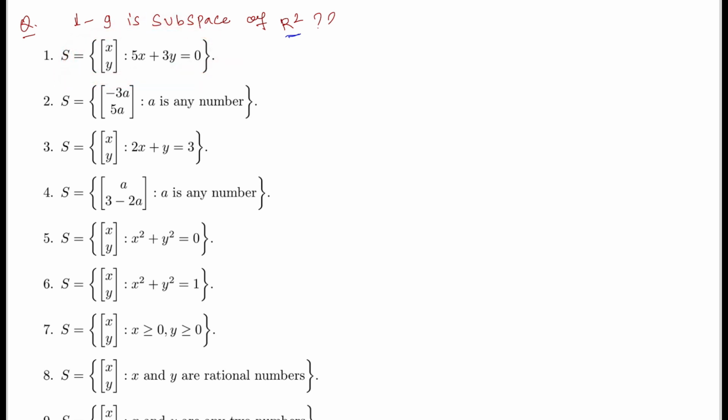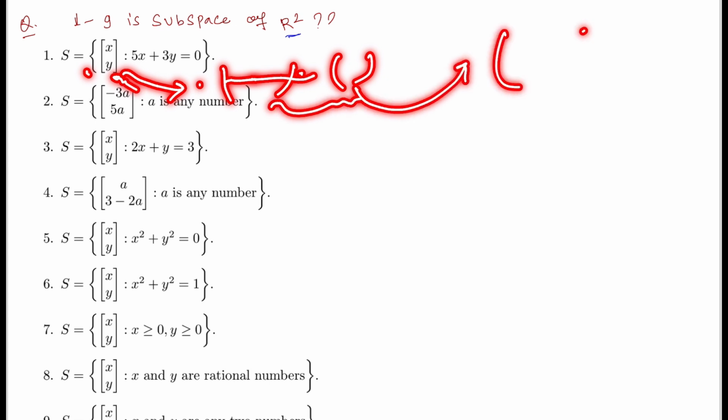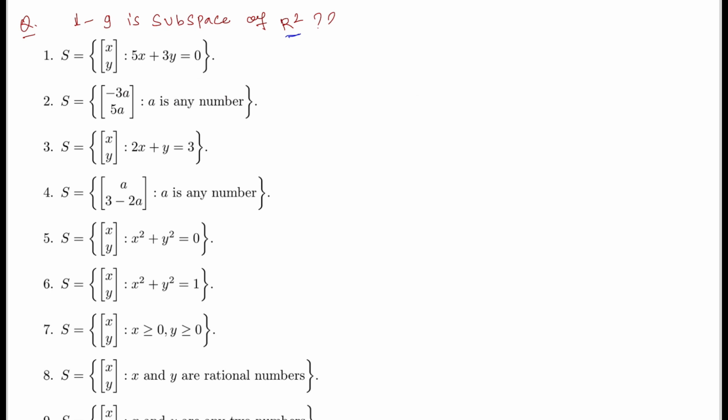This is nothing but a set with a condition, and we need to check that if I pick any two vectors from this set and add them, the addition should fall under the same set. This is what we call closed under addition, and the third condition is closed under scalar multiplication. We can go through all of this from 1 to 9 and say whether it is a subspace, yes or no.